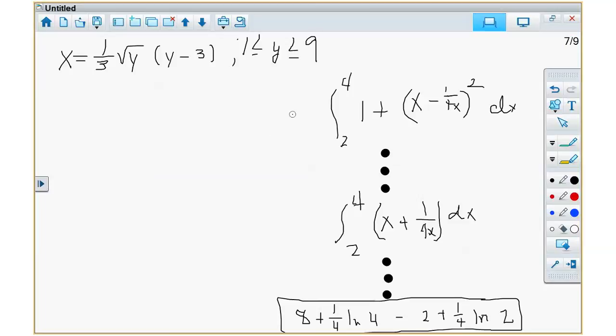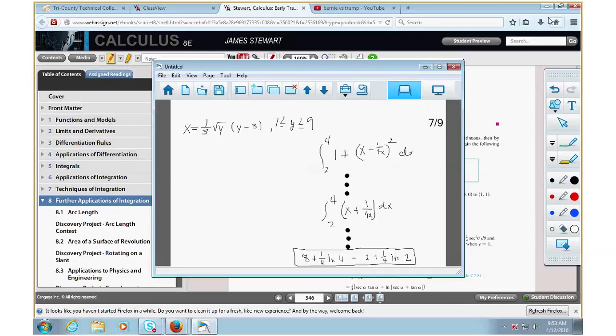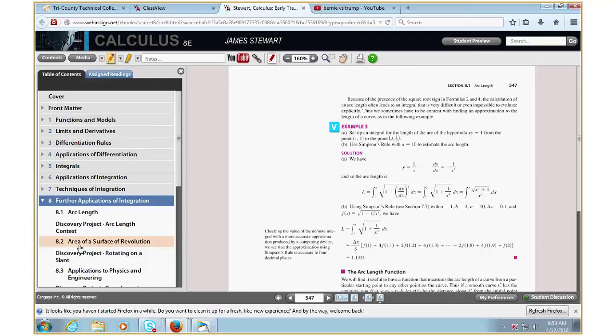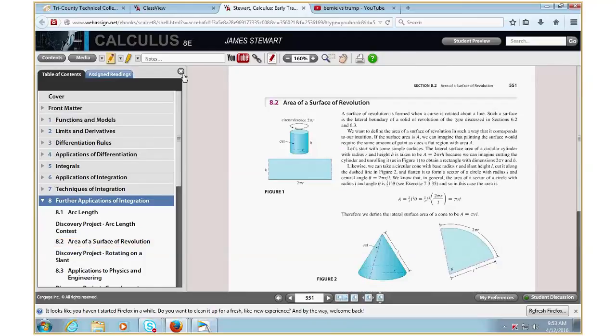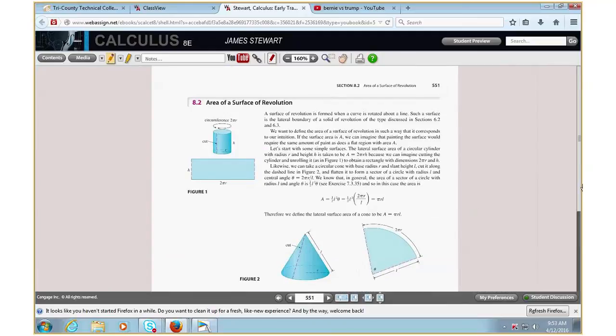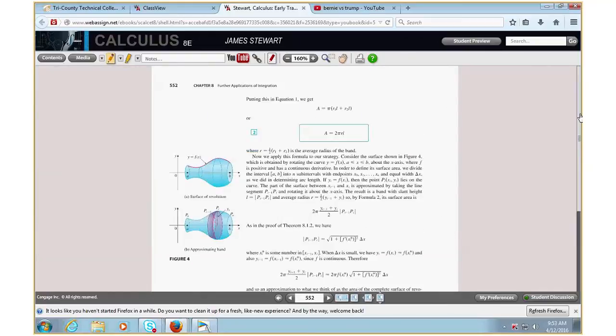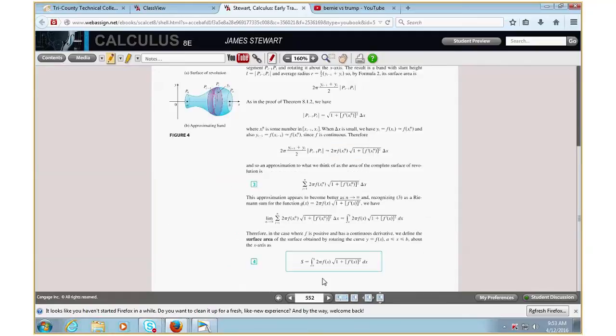Now, I want to show you one more thing, and I want you to be looking at it. That is the next section, which is surface area. The only reason I want you to look at it is this. Remember I told you, this section, you plug and chug it. Look at the formula for surface area.